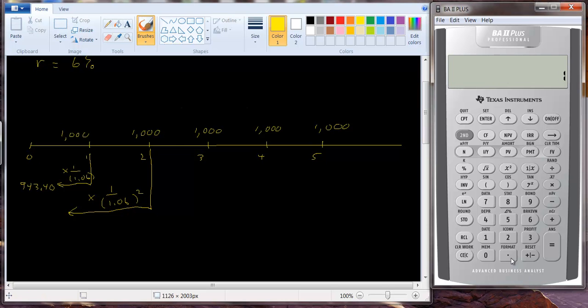We have 1.06 raised to the second power, and then we want to flip it over because we have just this number in the denominator. So we hit the 1 over x key, and let's multiply that by our 1,000, and we get 889.996. So let's round it off to 890. So we have $890.